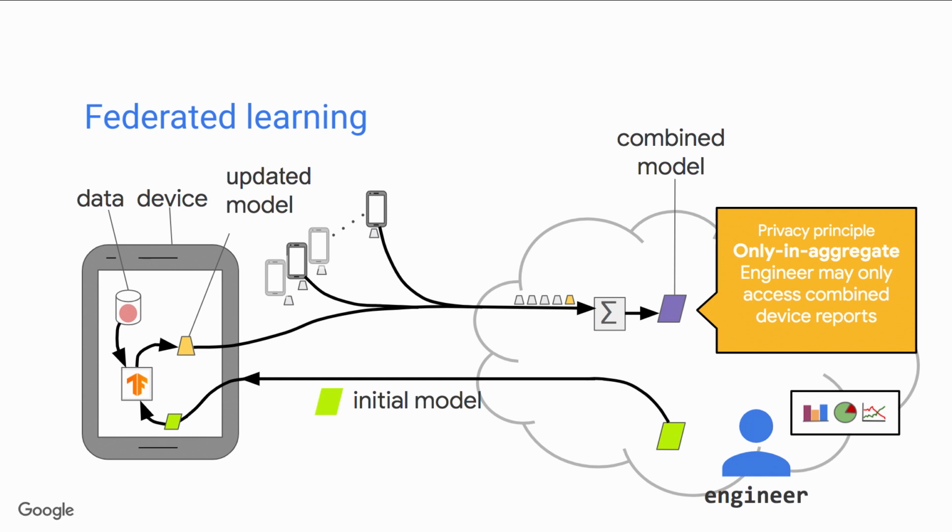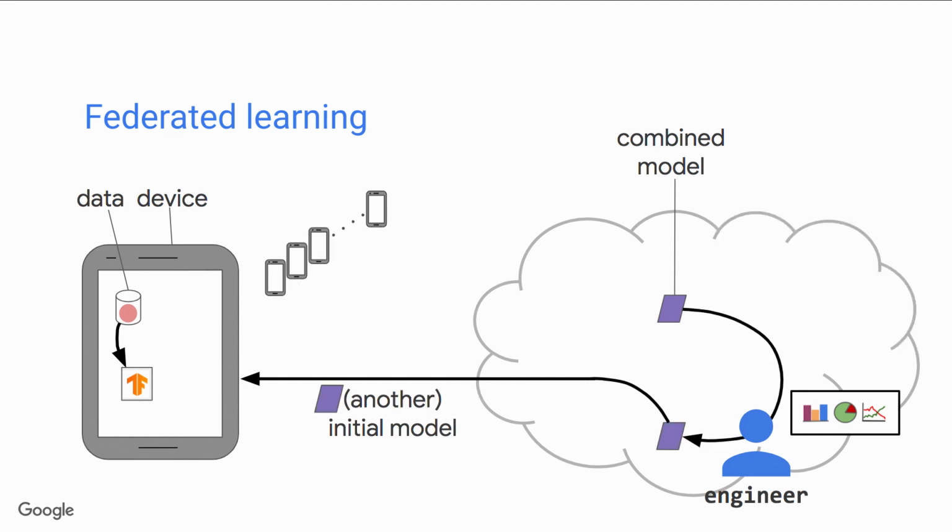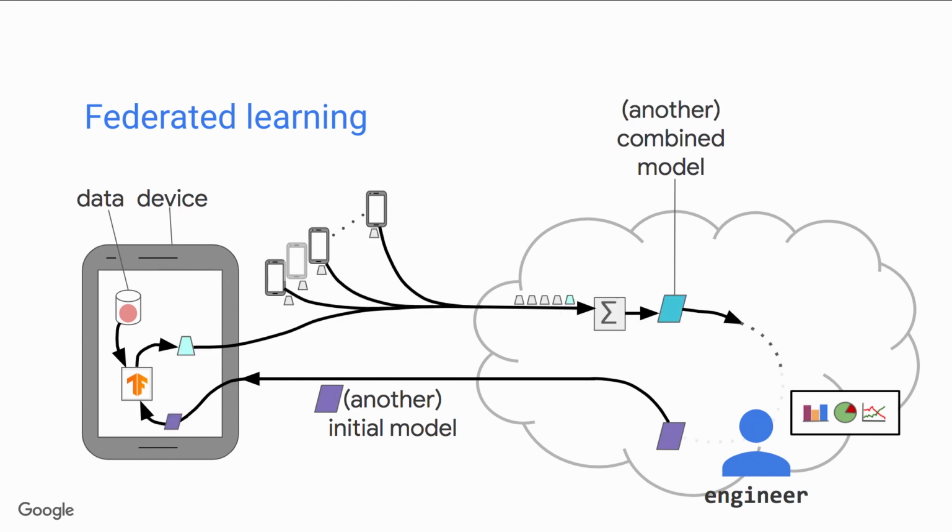Now, in practice, one iteration of this federated training protocol isn't nearly enough to get a good model. Typically, we would iterate this process thousands of times. So we take that first improved version of the model, ship it out to more randomly selected devices, and then those devices compute their own updates based on their local data, and we continue to iterate.